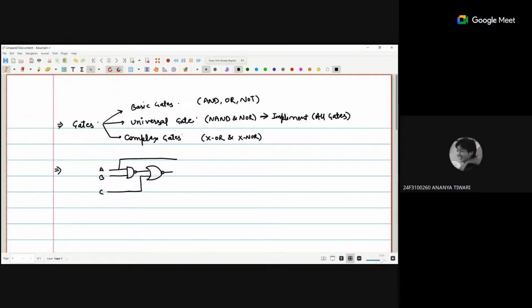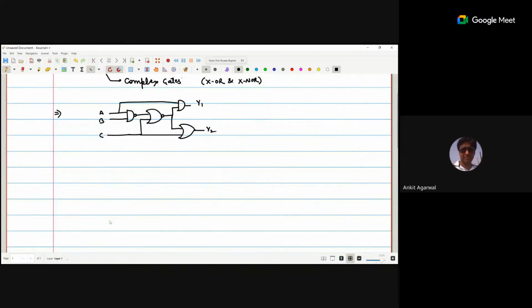Yes, sir. So have you solved that one? Let me say this is the Y1, this is the Y2. First thing is that we have to write the equations of Y1 and Y2.